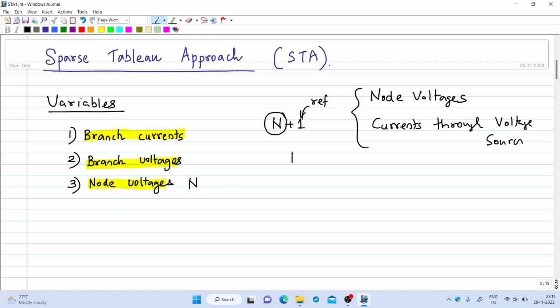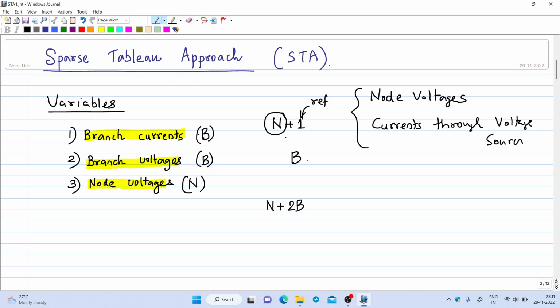And if there are b branches in the network, then we can have b branch currents and b branch voltages. So there will be n plus 2b variables in the Sparse Tableau approach.